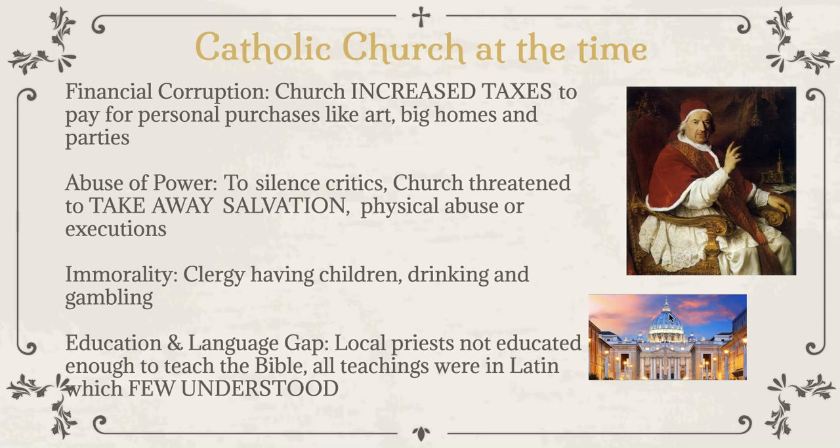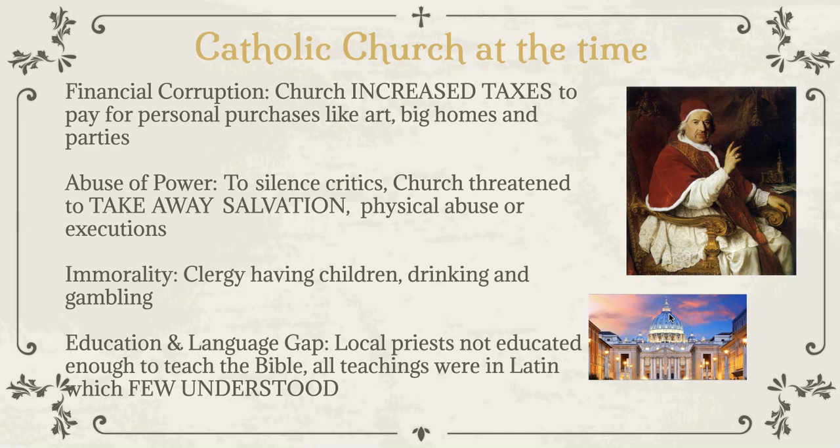The other thing that we see is that they're going to abuse, or they're going to be very corrupt in the way that information is regulated. Basically, to silence critics. If you were criticizing the church, you would be considered to be a heretic, that you were committing heresy, this crime of speaking out against the church. And that could result in a couple of threats.